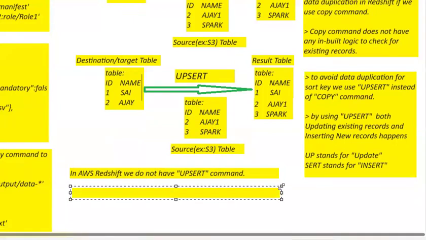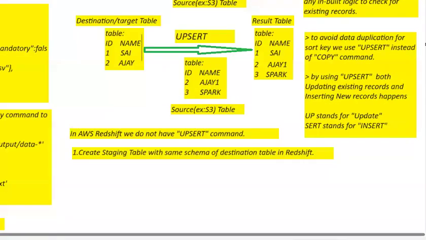We need to create a schema to hold a temporary table. So let's call the table a staging table. Since it's a temporary table, we call it a staging table, or whatever you want, you can call it like that.